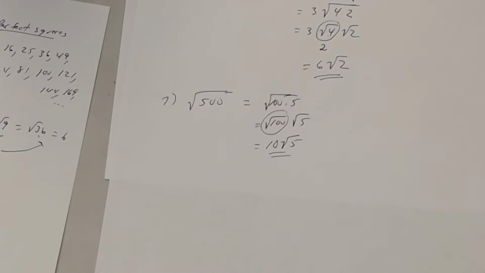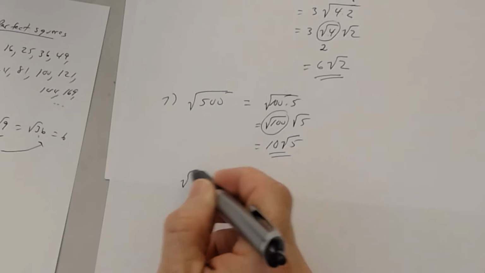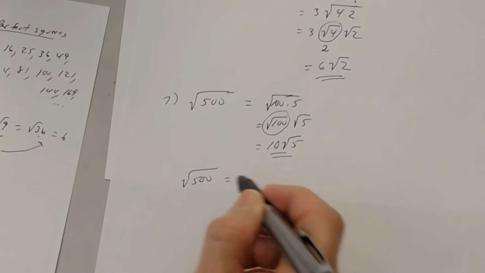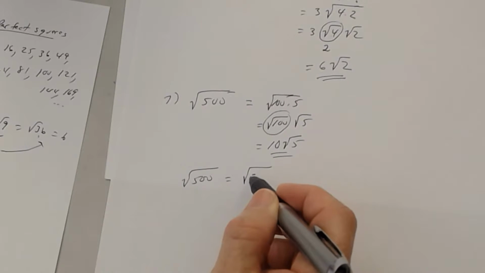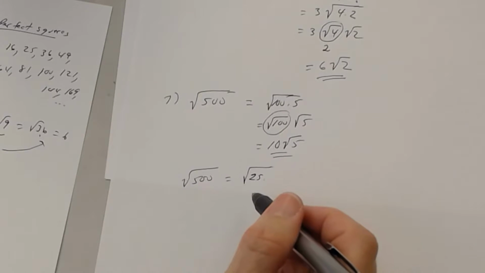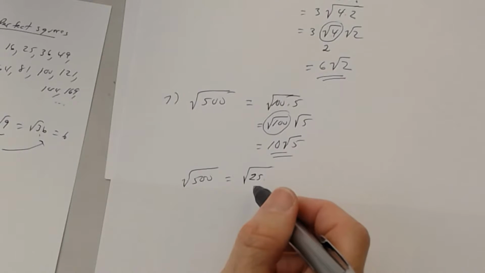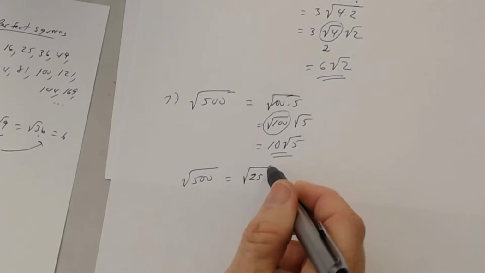But someone else could have said, well, I'm going to use 25, right? So someone else could have said, all right, well, I know that the square root of 500 I can write as 25 times, not 40, is it? It's not 40. 20?